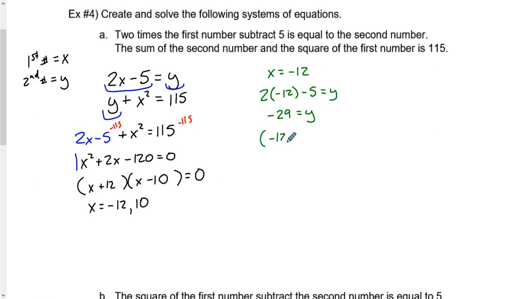So this would be negative 12, negative 29. If x equals 10, 2 times 10 subtracting 5 equals y. 20 subtract 5 is 15. So this would be 10, 15.